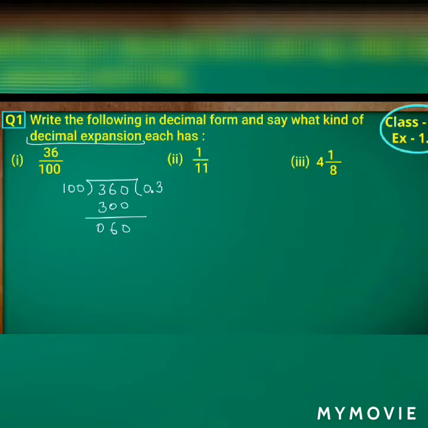Again 60 is less than 100, so I'll take one more 0, so we got 600. 100 6s are 600, so the remainder is going to be 0. If you observe, at some point it is going to stop. So what type is it said to be? Terminating decimal. I can say 0.36 is a terminating decimal.